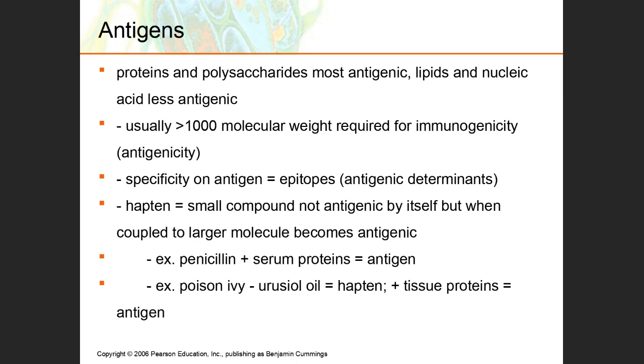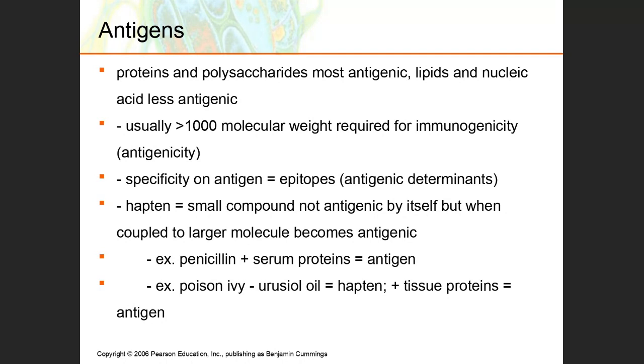Now there are substances called haptens, and these substances are not antigenic by themselves. I like to call them antigen wannabes because they want to be an antigen, but by themselves they're too small and insignificant.